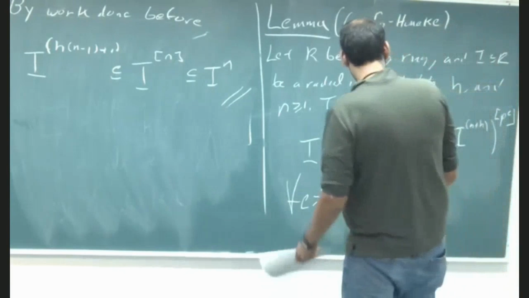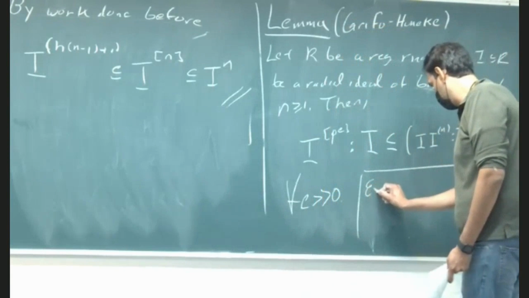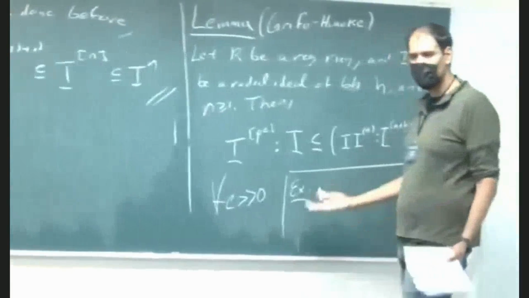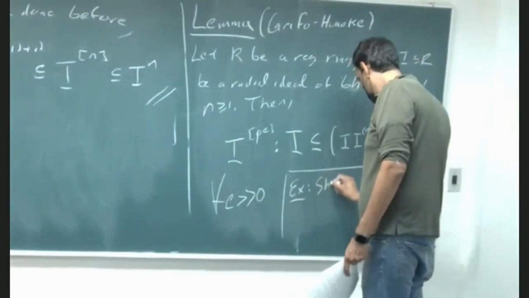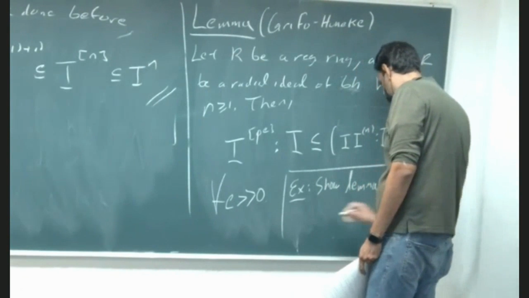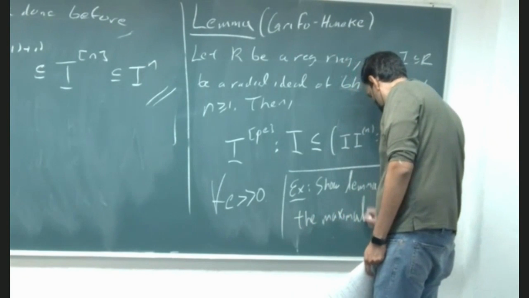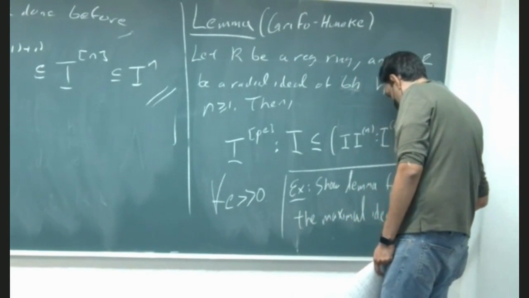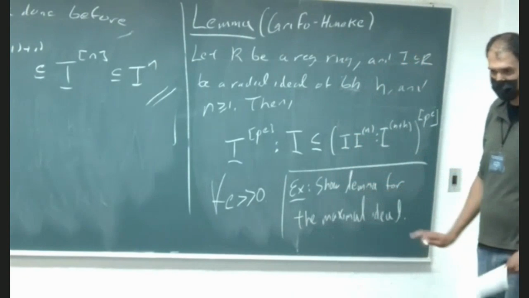So I'm not going to leave this as an exercise as it is, but it will be fun if you do it at least for the maximal ideal. So show the lemma for the maximal ideal. If you want to do it for every ideal and then solve the problem by assuming that it's maximal, that's cool too.